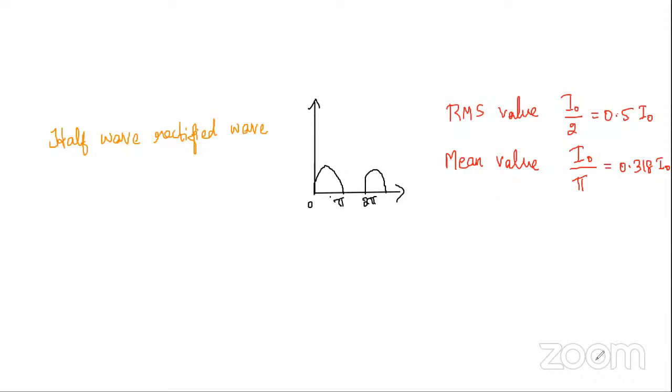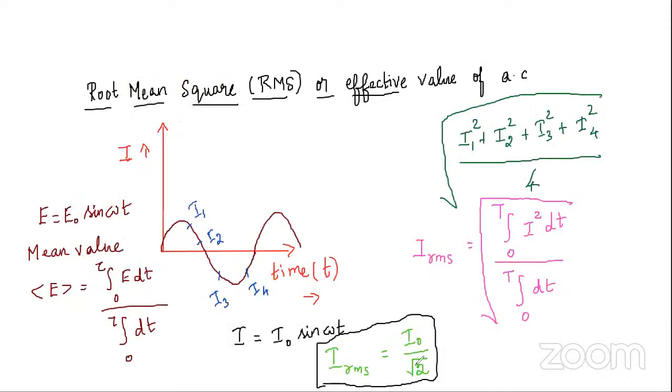And one more thing. Here I have told you I RMS equal to I naught by root 2. When you divide I naught by root 2, you will be getting I RMS equal to 0.707 I naught.